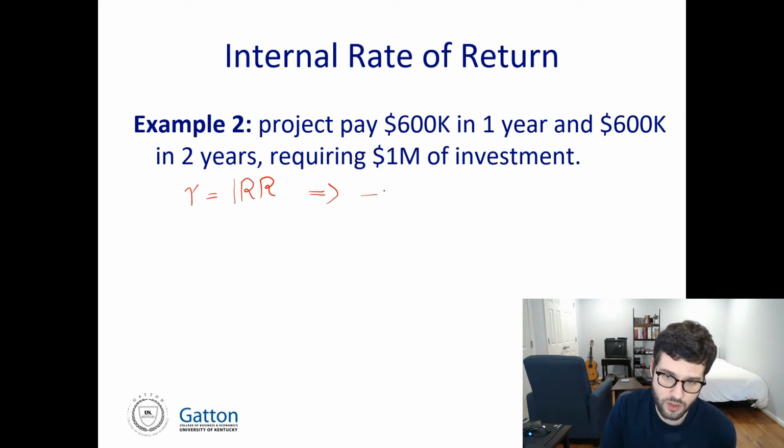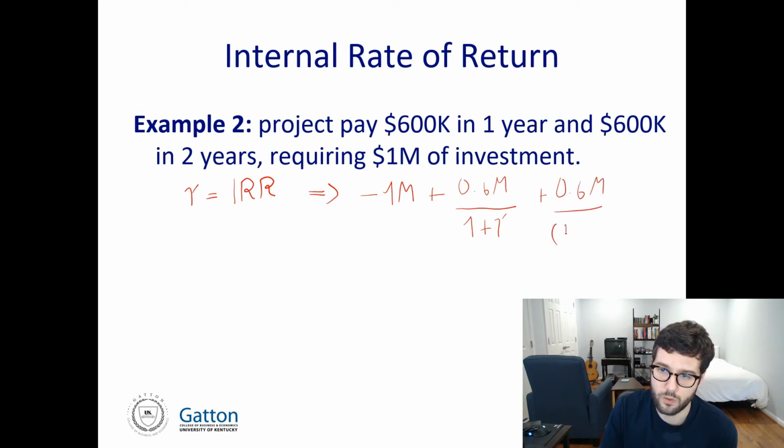And the NPV of the project is minus 1 million plus 600K. Actually, instead of 600K, I'm just going to write 0.6 million. So 0.6 million over 1 plus R plus 0.6 million over 1 plus R square, and this should be 0.